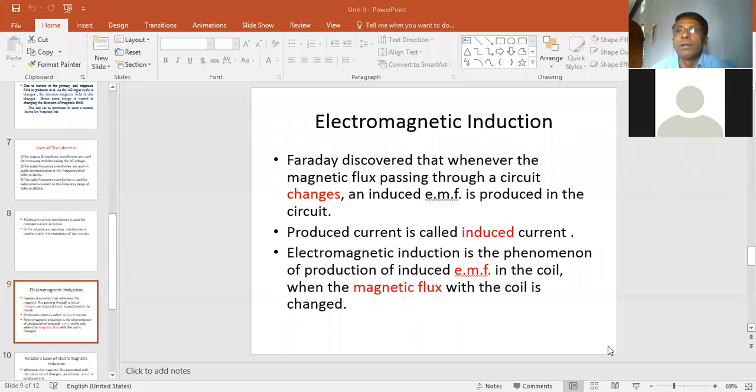We will continue with unit number 2 of our syllabus.